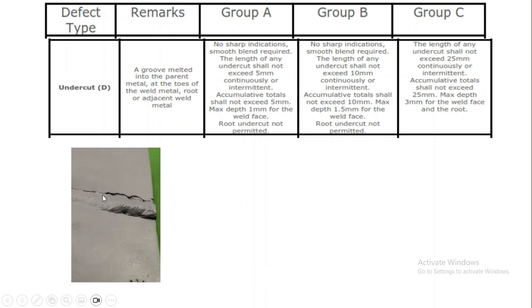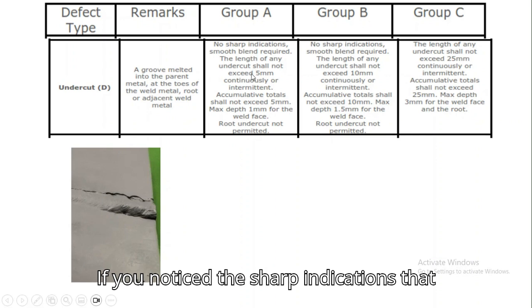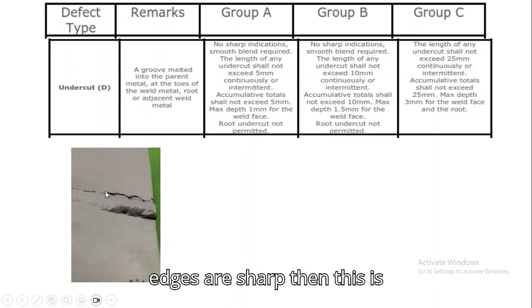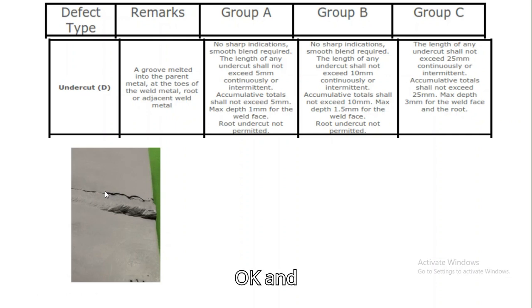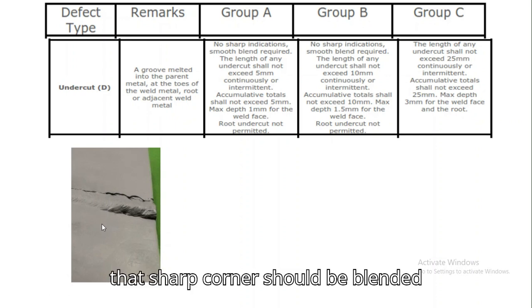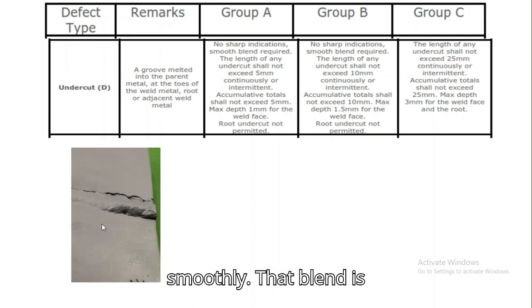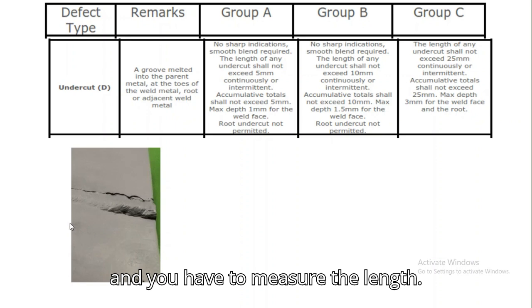In group A, if you notice sharp indications, that the edges are sharp, then it's rejected in group A. That sharp corner should be blended smoothly. A smooth blend is required, and you have to measure the length.